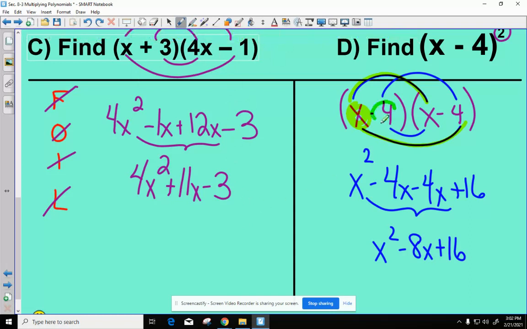And conversely, this negative 4 right here has to go to the first term, and then to the second term. So I still have the same idea as the distributive property. I'm doing it twice, but when we have these binomials, we often will refer to the FOIL method as a way to make sure that we've got all of our pieces.